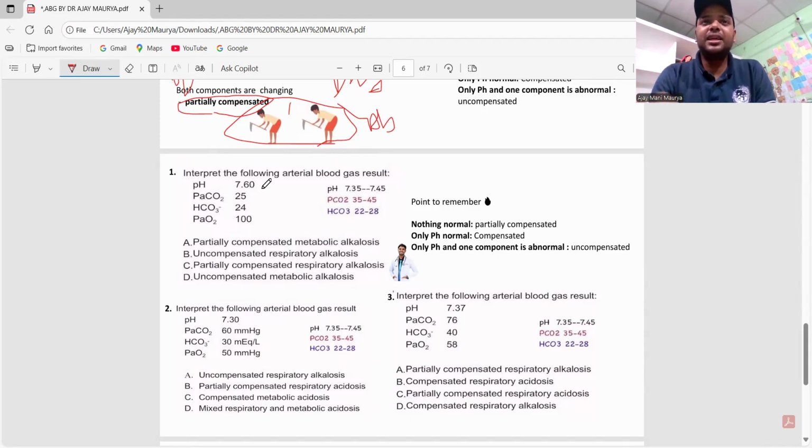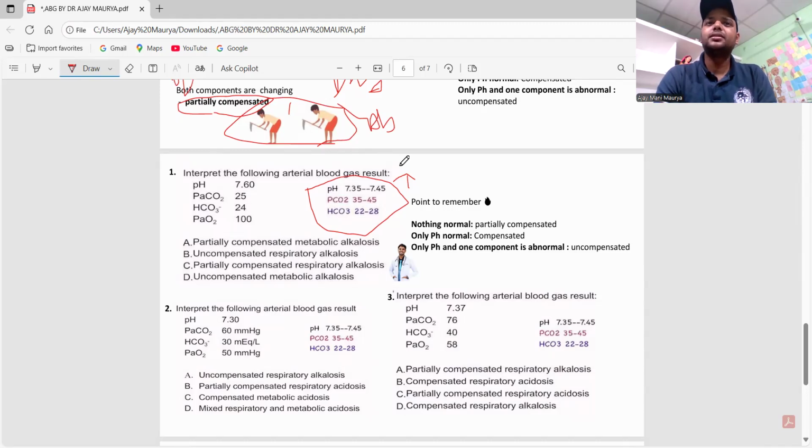In the examination they are not going to give these values, you have to know them. So the pH of the blood is 7.60. What is the normal? 7.35 to 7.45. It is high.